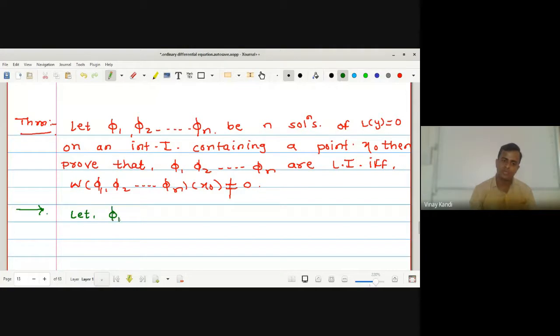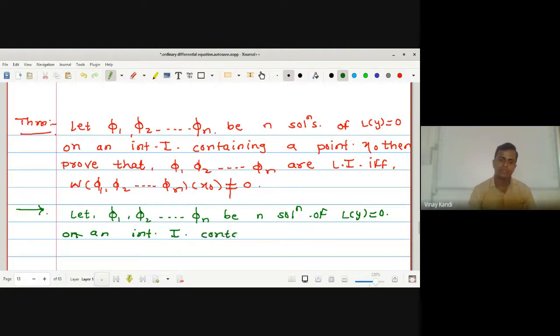Let phi 1, phi 2 up to phi n be n solutions of L of y is equal to 0 on an interval I containing a point x naught.